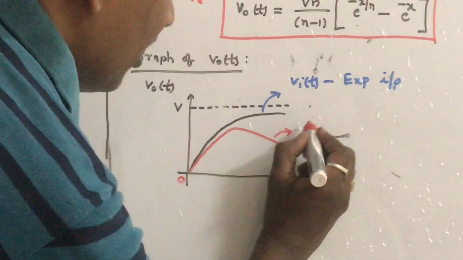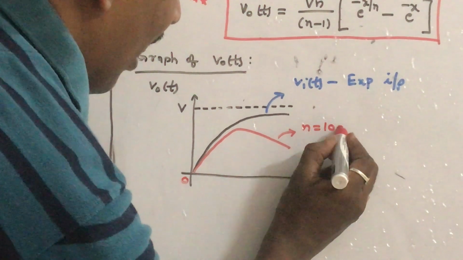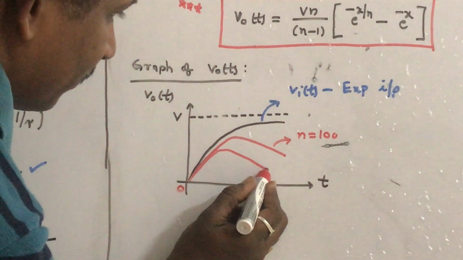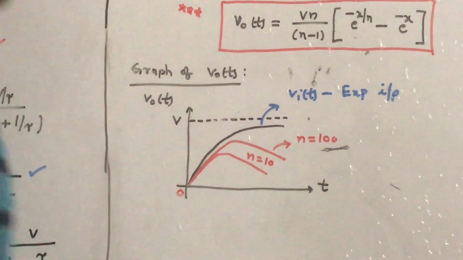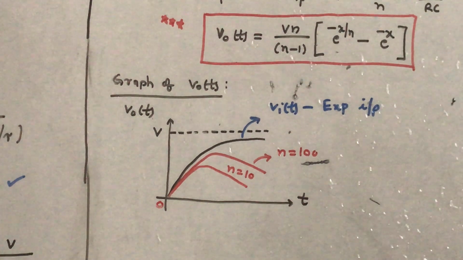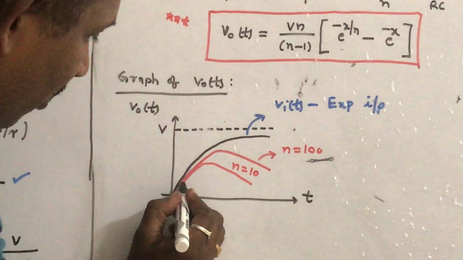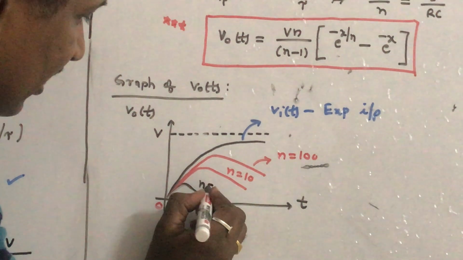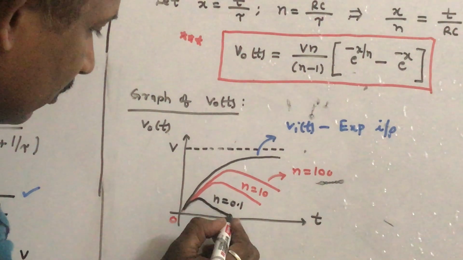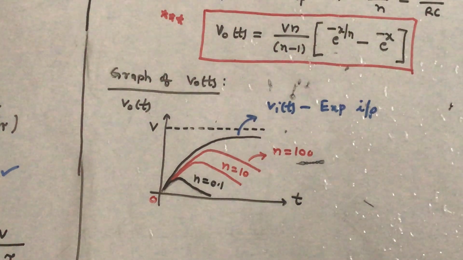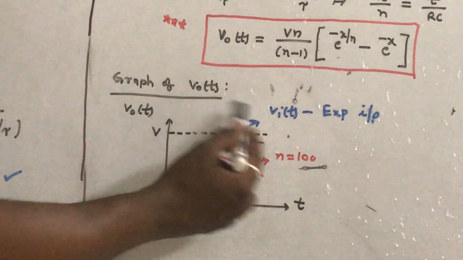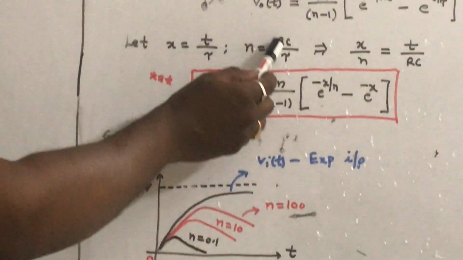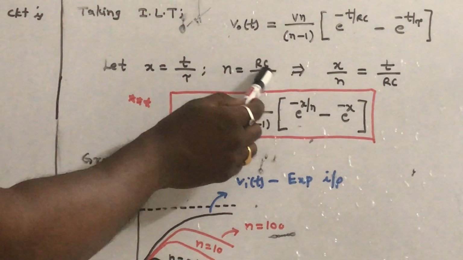Say for n is equal to 100, the response will be something like this. This is the waveform for n is equal to 10. If you take n is equal to 0.1, the response will be something like this. So you have to plot the graph for different values of n, where n is nothing but the time constant of the RC circuit by the time constant of the exponential input.